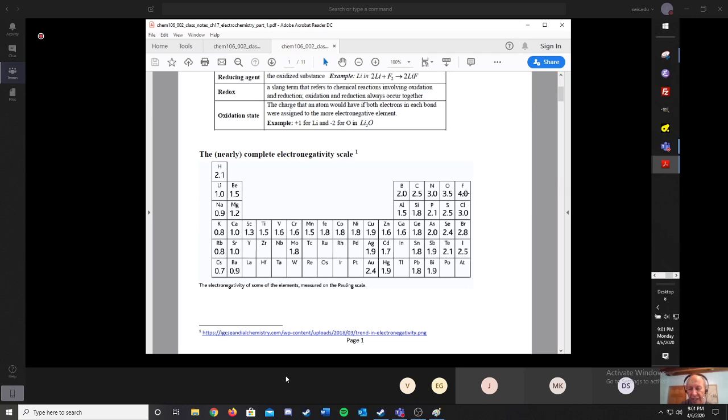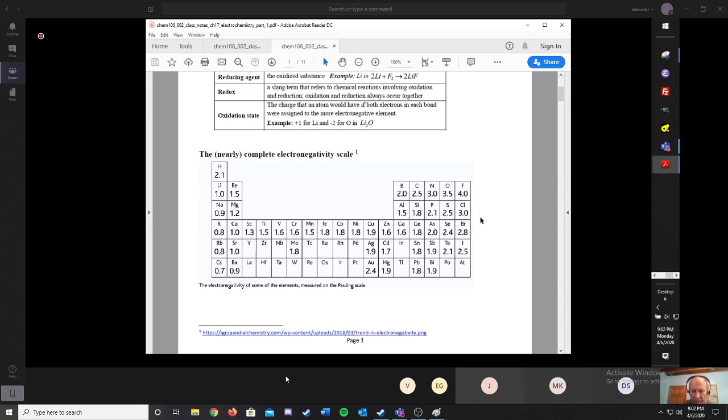So in atom world, they try to get here. Fluorine wants to get over one more spot by gaining an electron. So it's at the top right corner. It's the most electronegative element we have. It's measured on the Pauling scale as 4.0.